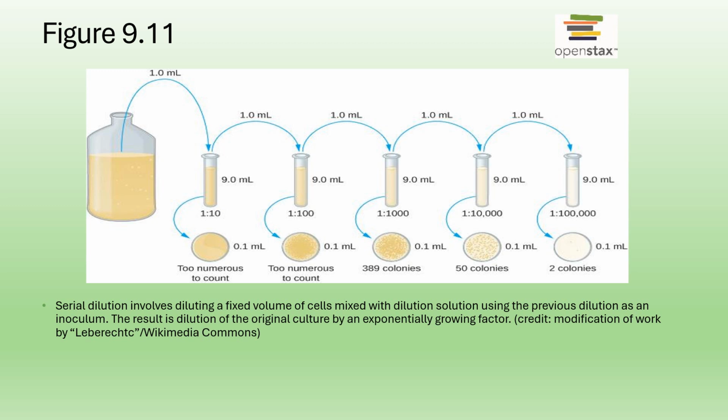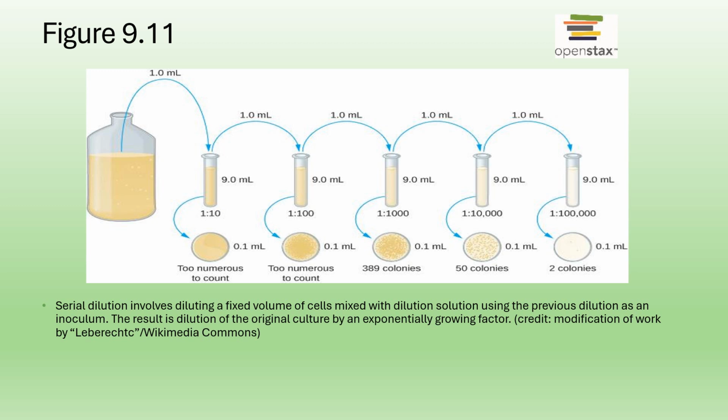And so now, if this was a 1 to 10 dilution, and the first tube is a 1 to 10 dilution, you just multiply them. 1 times 1 is 1. 10 times 10 is 100.